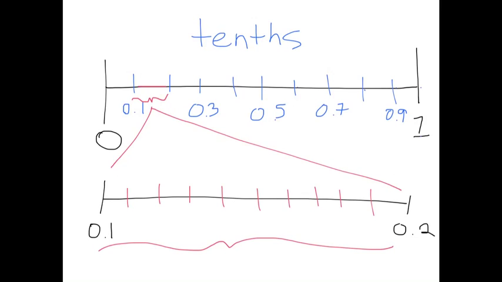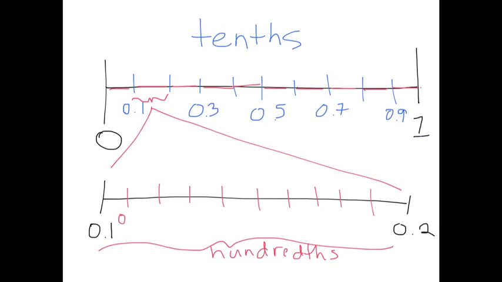So if this has 10 pieces, and this has 10 pieces, and all of these have 10 pieces, that means we have 10, 20, 30, 40, 50, 60, 70, 80, 90, 100, and this represents hundredths.